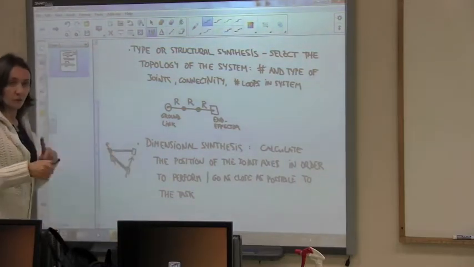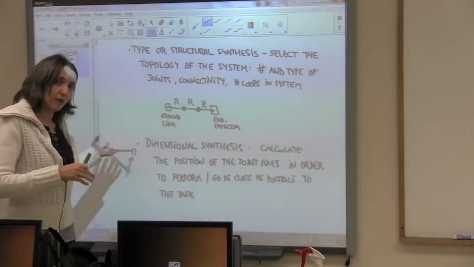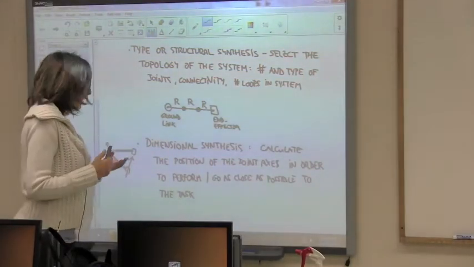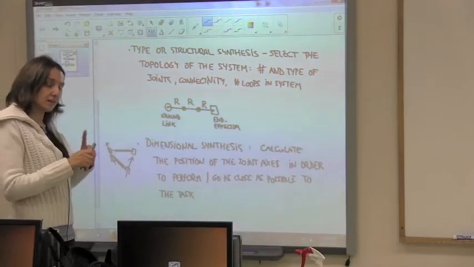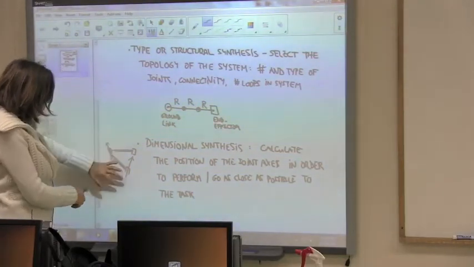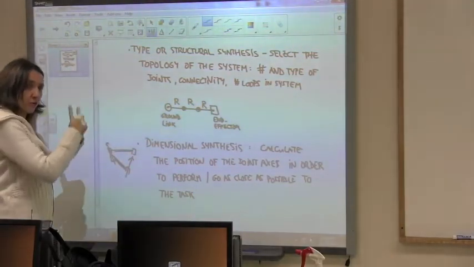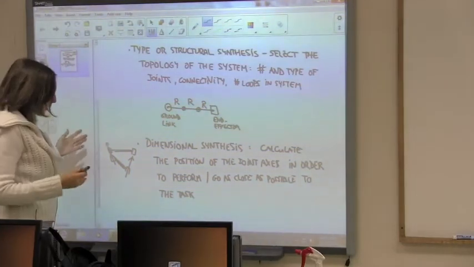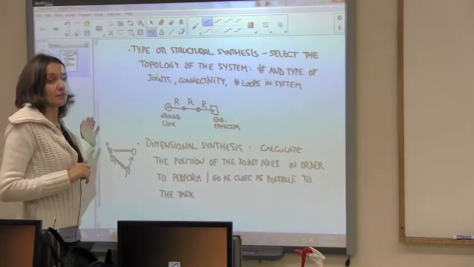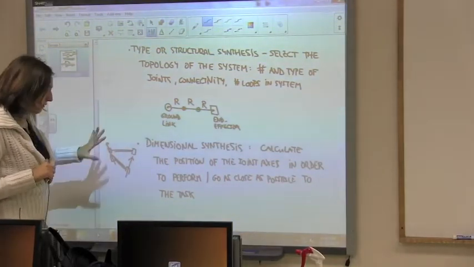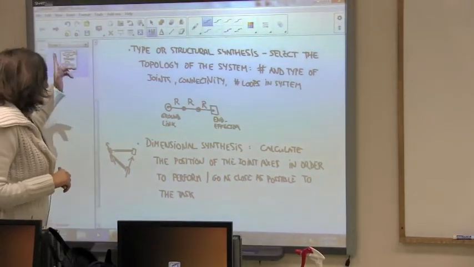They will do the same task. They will have different properties, like dynamic properties and force transmission and things like that, but the kinematic task, the motion, will be the same. You can put this link anywhere along your joints. So basically, just by defining the joints, you define the kinematics. The rest is other specifications.